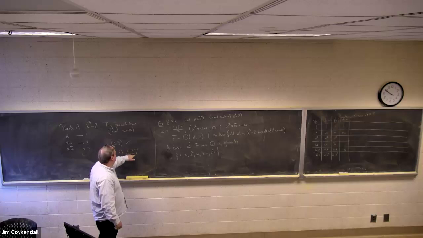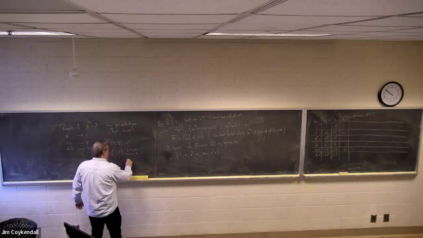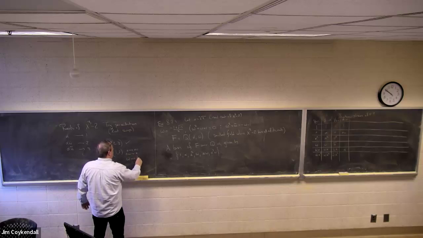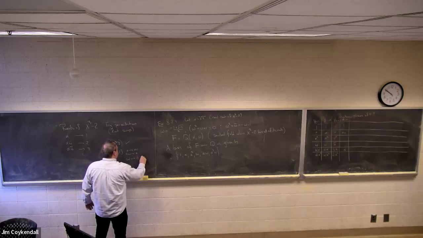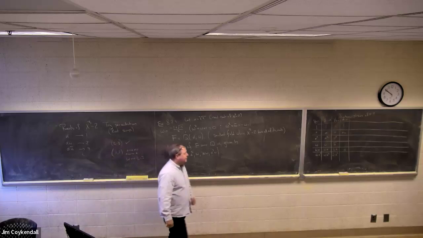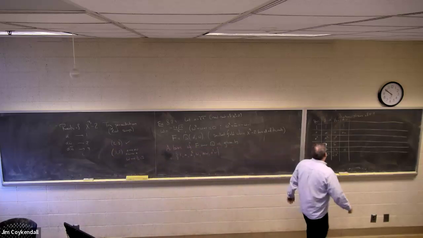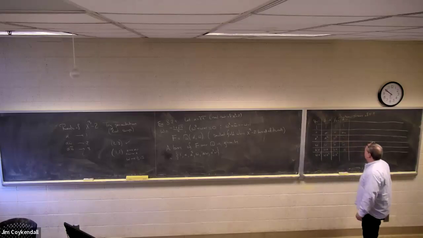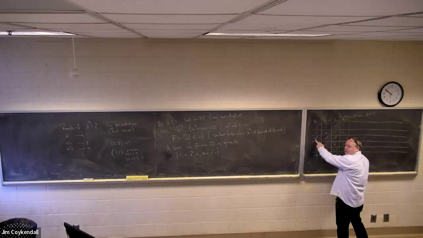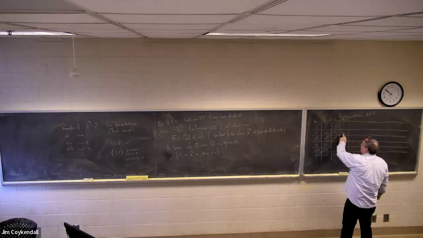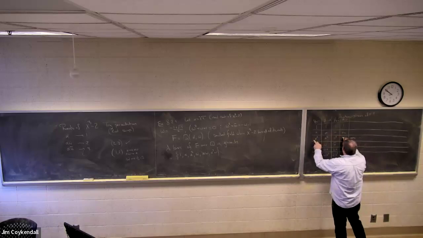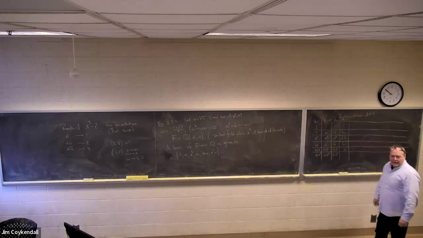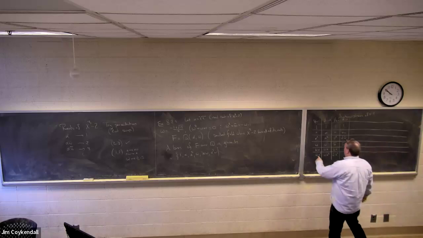So the image of omega should be the quotient of these. So it should take omega to 1 over omega, which is omega bar. And once you've got that, then you know where everything else goes. Where should alpha squared go? Well, if alpha goes to alpha omega, then the square of that should go to alpha squared omega squared, which is omega bar alpha squared. Right? And now we can put the pieces together.